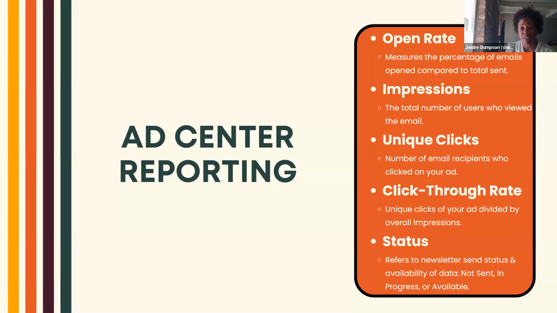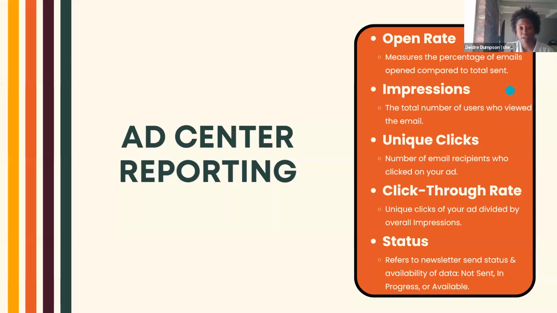What you're seeing on this slide are the definitions for the various metrics we provide. First is open rate, which measures the percentage of emails opened compared to the total sent. Impressions, which is the total number of users who viewed the email. Unique clicks is showing you the number of email recipients who clicked on your ad.